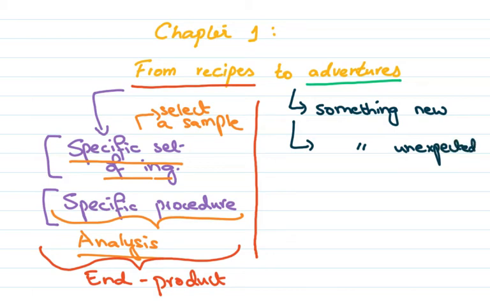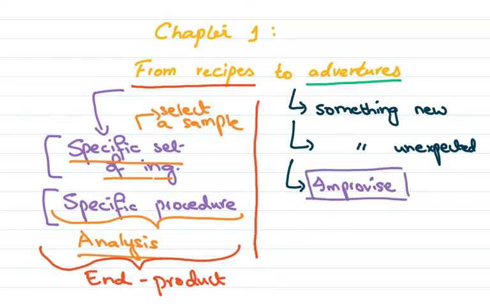There's also, when you're having an adventure, a great need to improvise. What does that mean? You have a particular situation and you were not very prepared for it. Now you need to think, I have these particular resources at hand right now, and I need to do something with the situation in order to make the best of it.